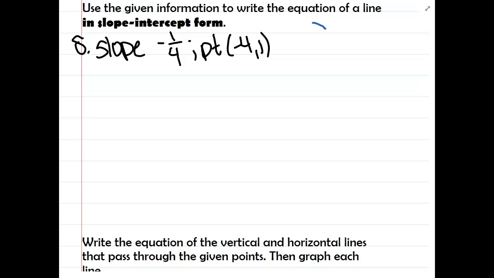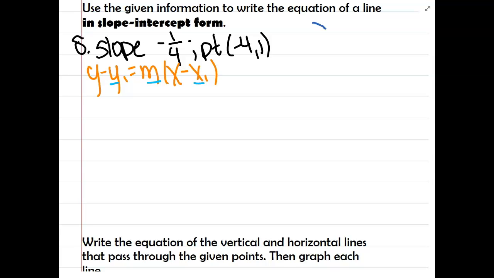Unless they give you the slope and y-intercept, you're going to use point-slope form. Y minus y1 equals m times x minus x1. Which means you need a y1, an m, and an x1. And this time, they give me all of that.